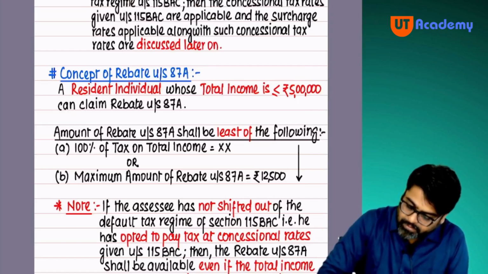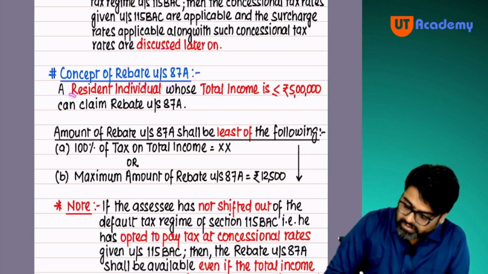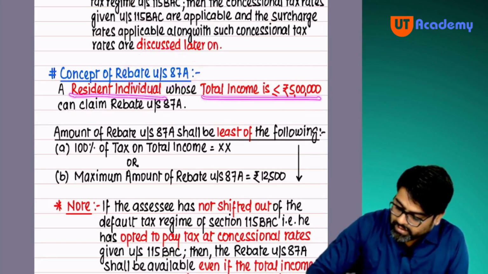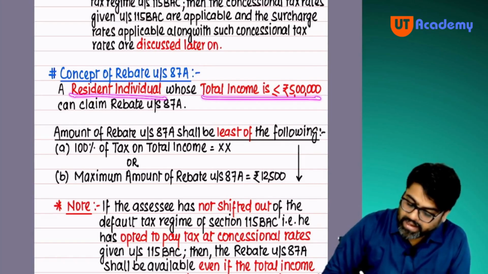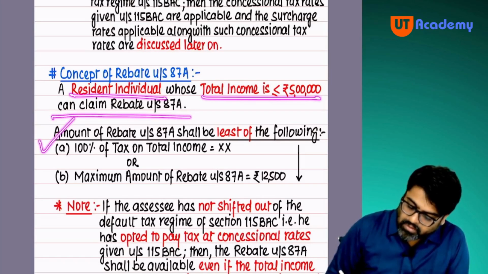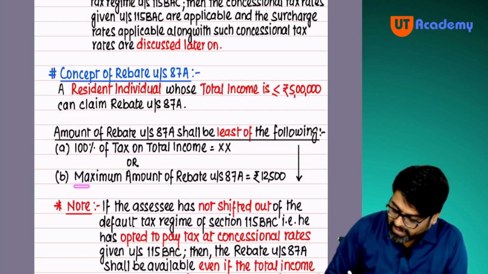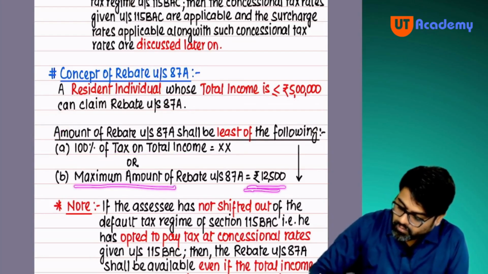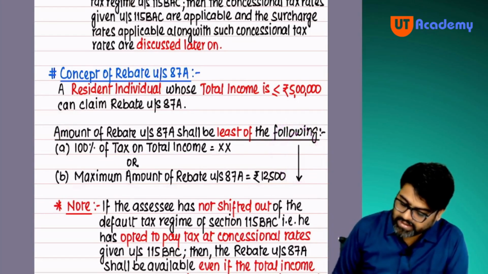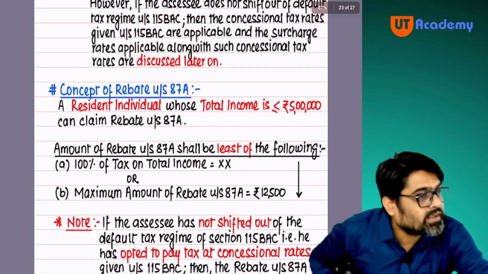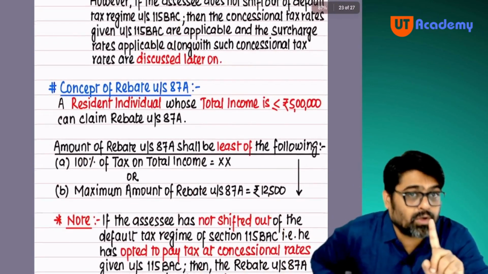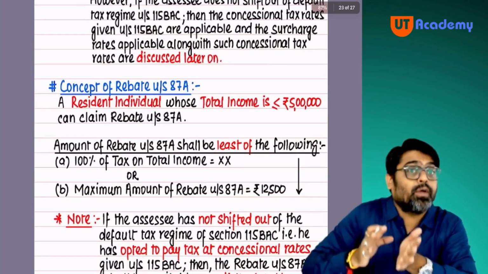Concept of rebate. A resident whose total income is less than or equal to the limit can claim the rebate. What is the amount of rebate? 100% of tax, or the maximum amount, whichever is lower. Understanding? See, this is the rebate which you are going to claim if you have shifted out.